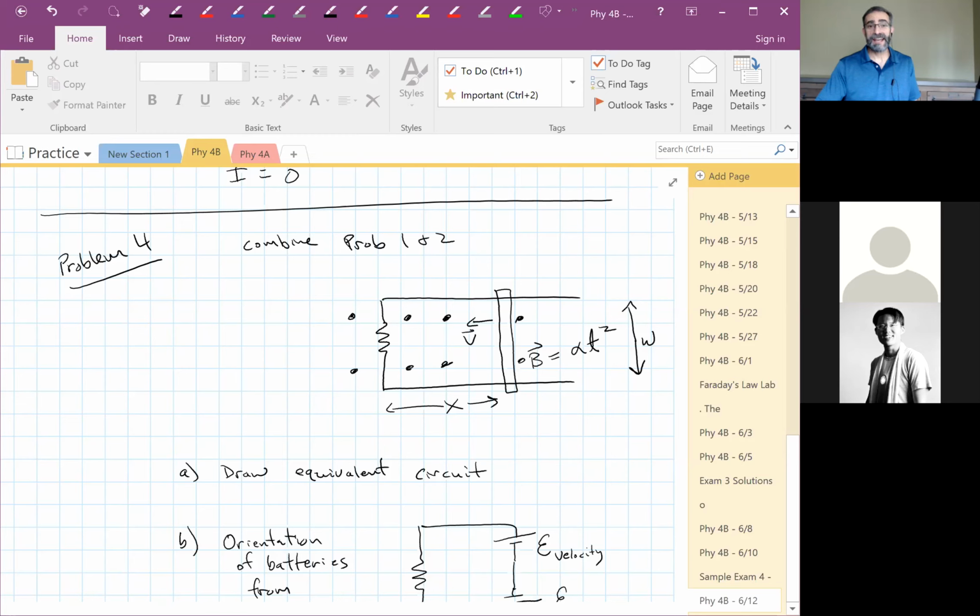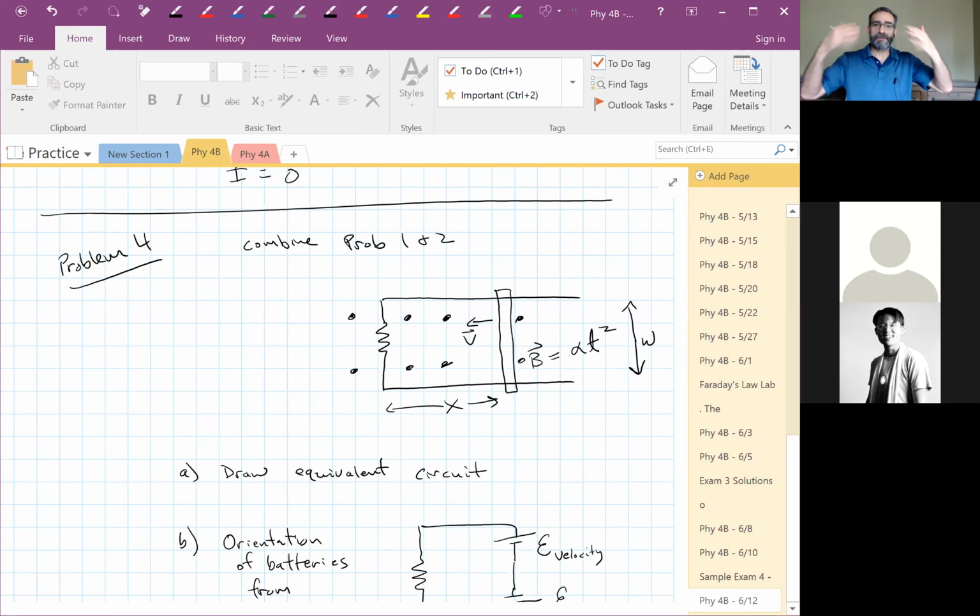Constant over the area. The answer is yes. If we could freeze time for a second and we ran around that loop with our magnetic field sensor, we would measure the same magnetic field everywhere within the region of that loop, everywhere over the area of that loop.